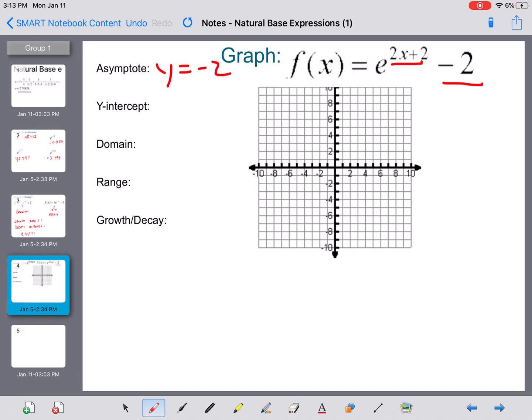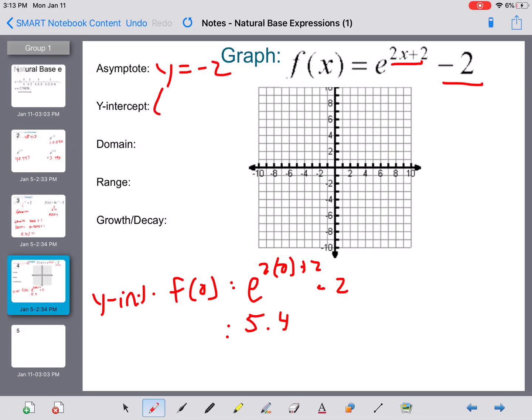We're still going to use y equals -2. For our y-intercept, we need to plug in 0. So if we find f of 0, we're going to say e to the 2 times 0 plus 2, minus 2. And that is going to give us, let's go to 1 decimal point since we're going to graph, 5.4.